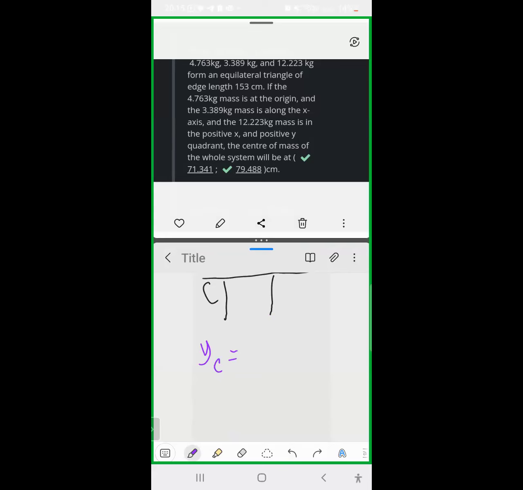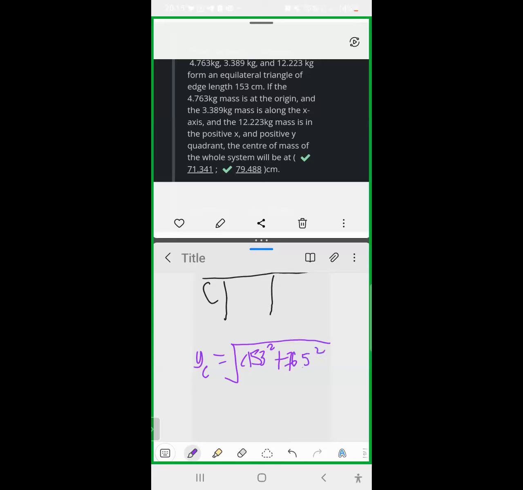Let me start this again. We're going to have the y coordinate of the center of mass for C be the square root of 150, the hypotenuse 153 centimeters squared, plus the base, which is 76.5 squared.